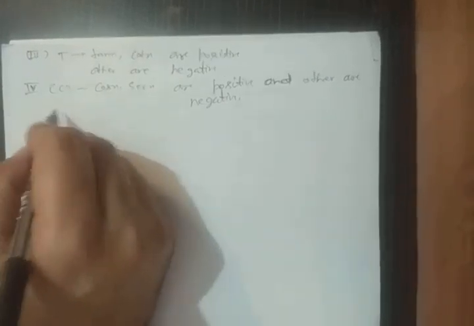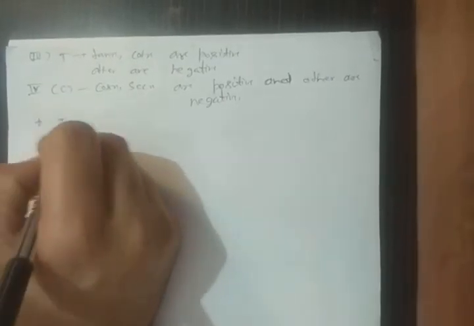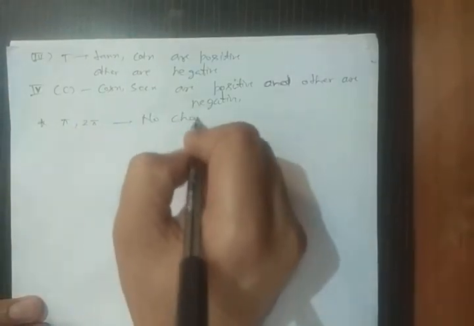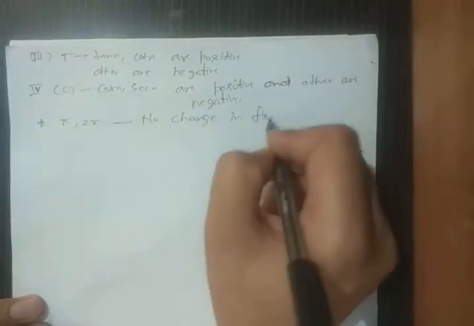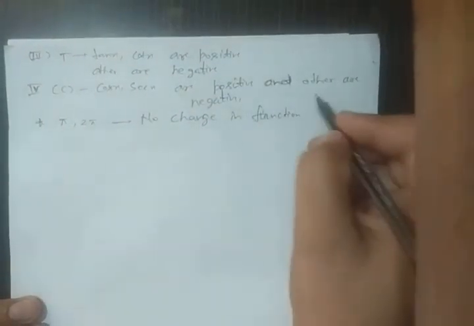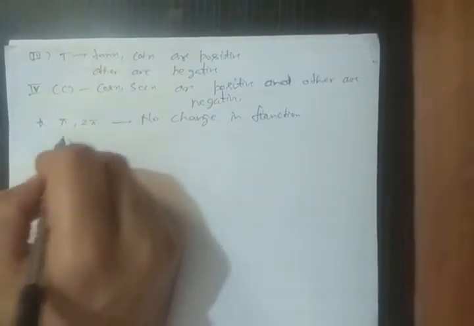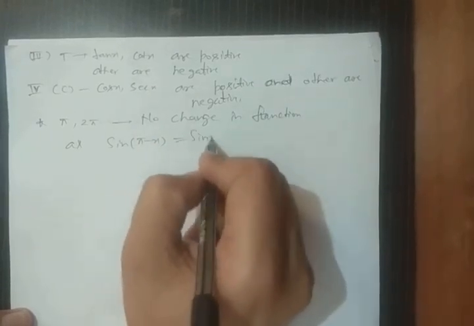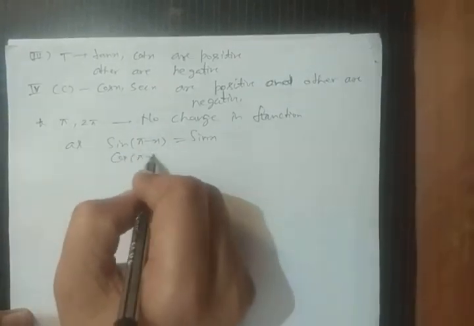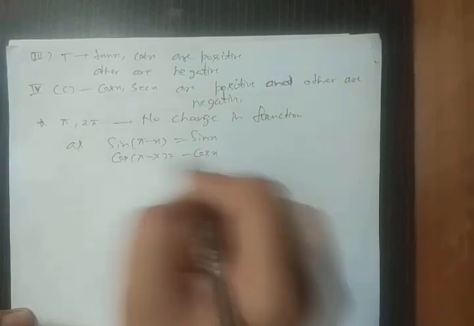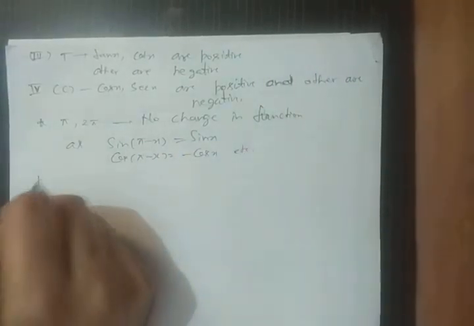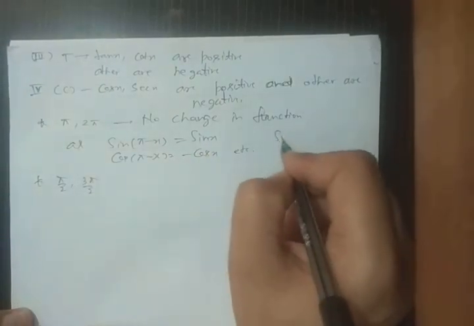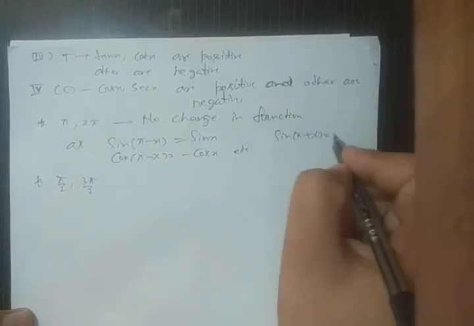And at multiples of pi and 2 pi, there is no change in the function, as sin (pi minus x) is equal to sin x, cos (pi minus x) is equal to minus cos x, etc. Similarly sin (pi plus x) is minus sin x.